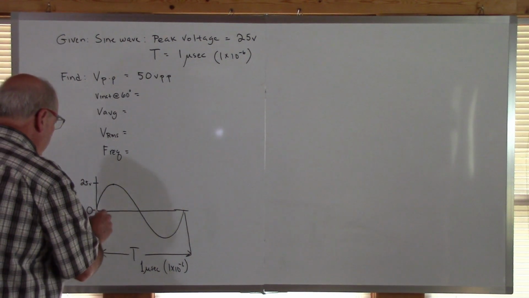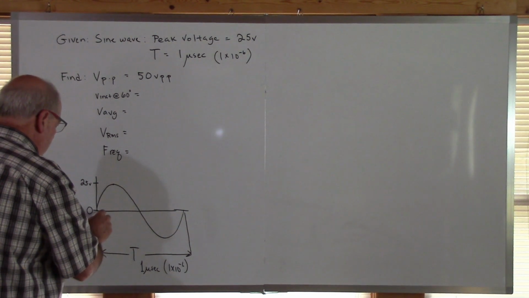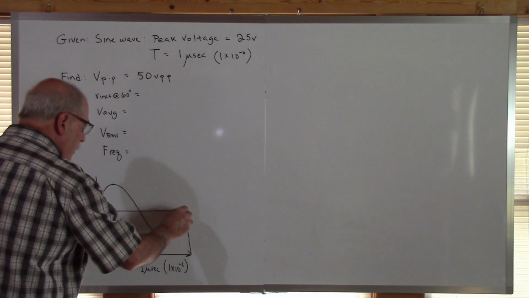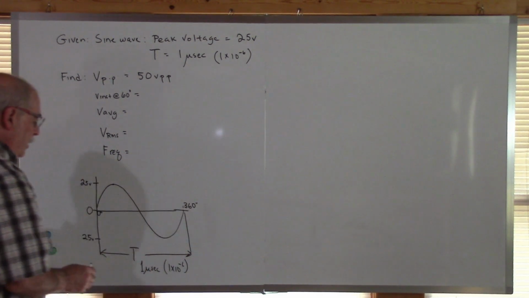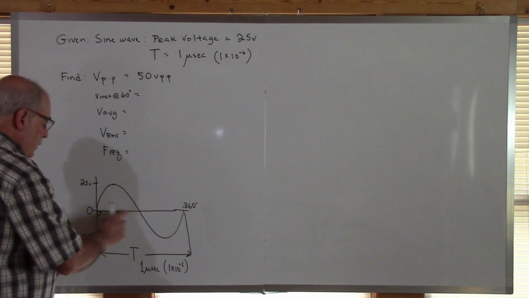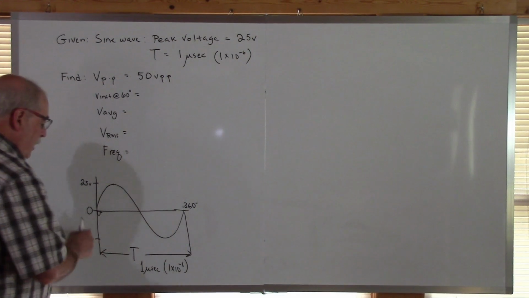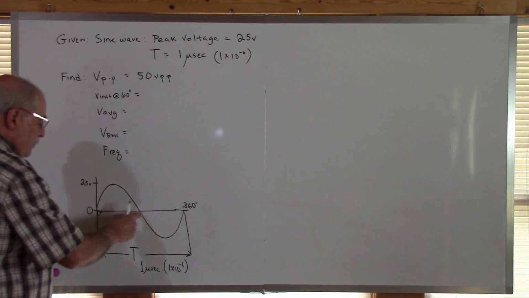Remember, this is one full cycle that runs from 0 degrees up here to 360 degrees. We know that at 0, 180, and 360, the amplitude is 0 at those three places.